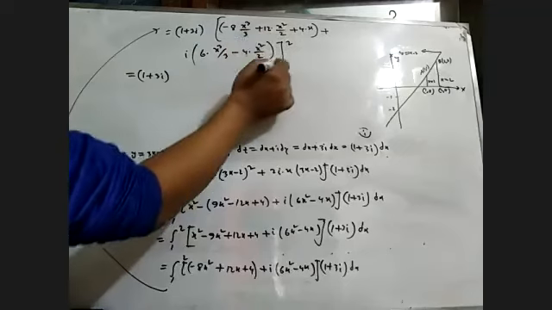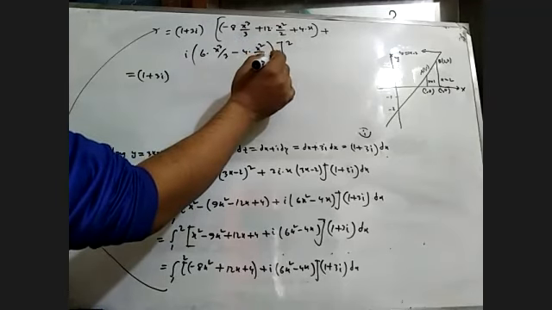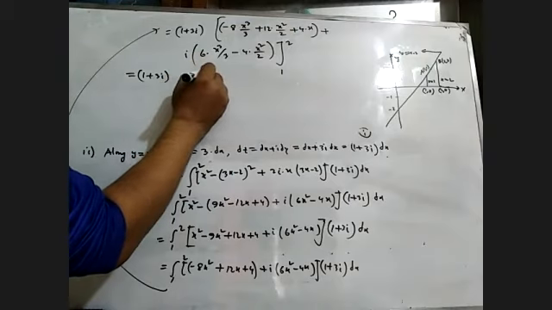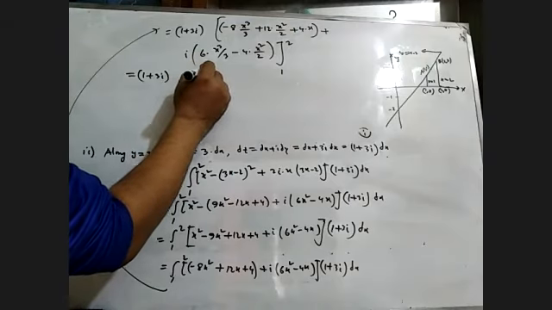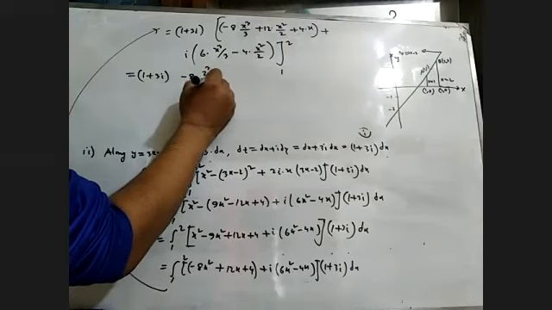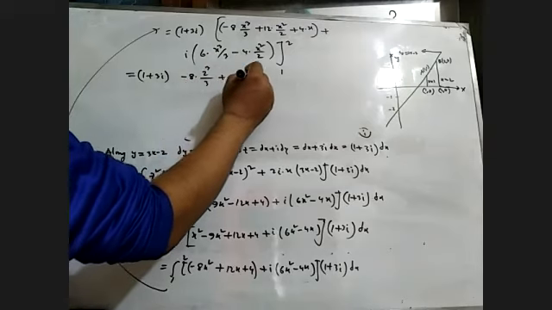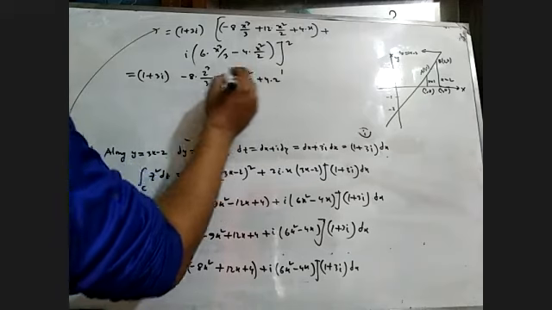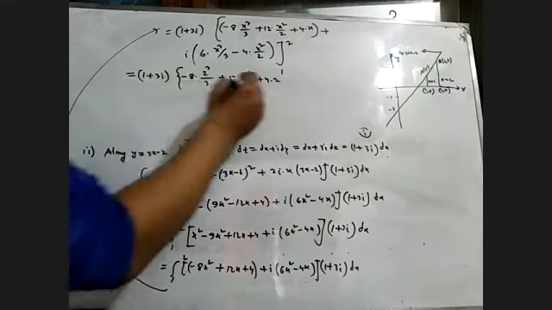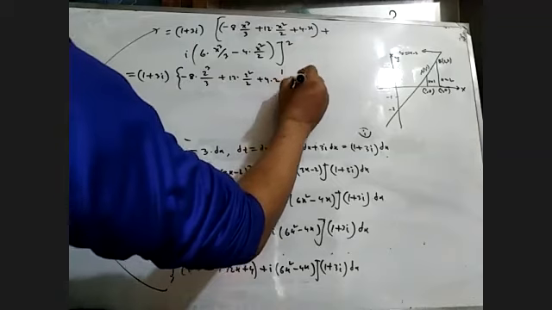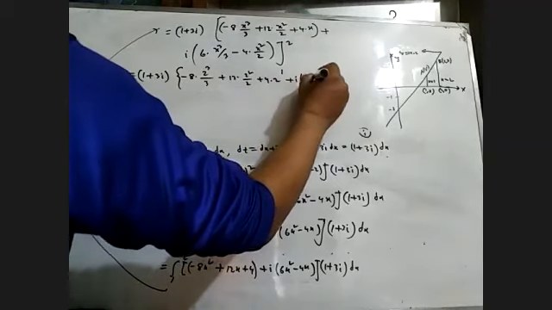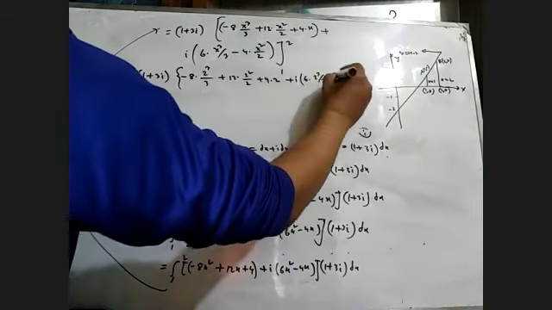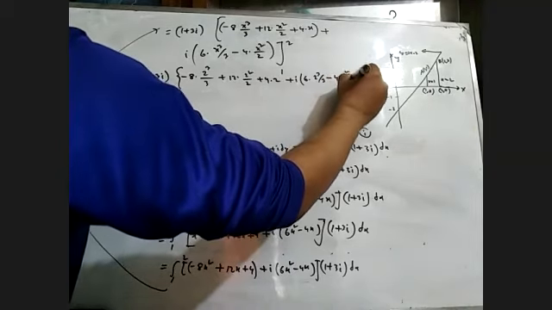Now putting upper limit, that means x equals to 2: minus 8 into 2 cube by 3 plus 12 into 2 square by 2 plus 4 into 2 plus i into 6 into 2 cube by 3 minus 4 into 2 square by 2.